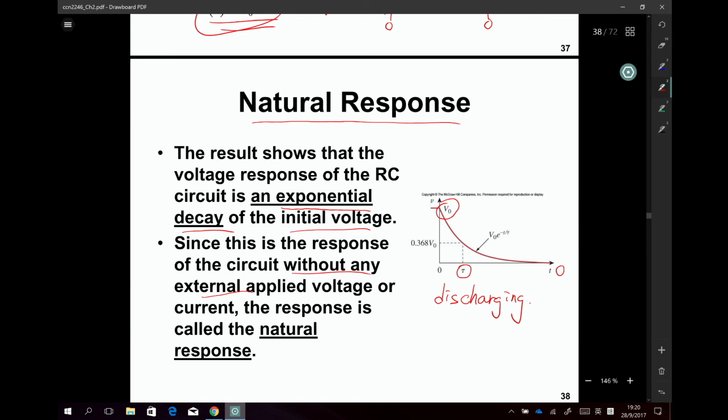Now, especially for a special time, tau. When you substitute tau into the function, v(tau) equal to V0 e to the power minus tau over tau, and it is equal to V0 e to the power minus 1. It gives you around 0.368 V0, or it is equal to V0 over e.